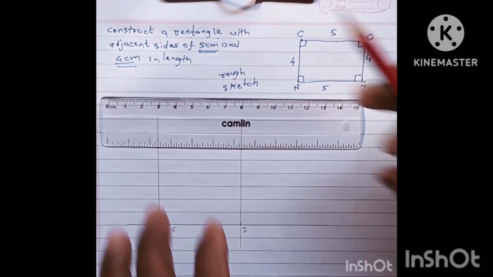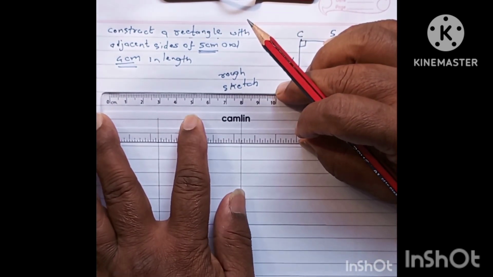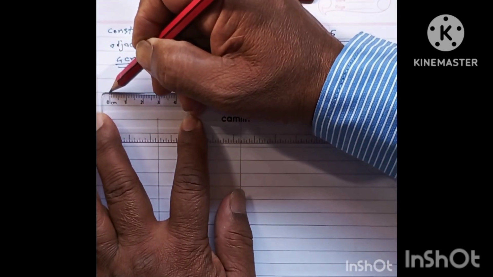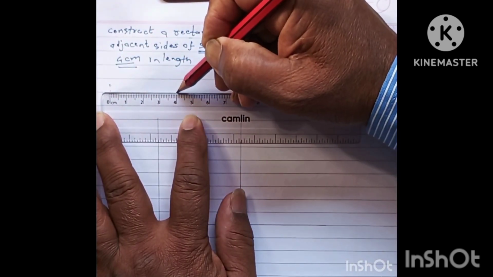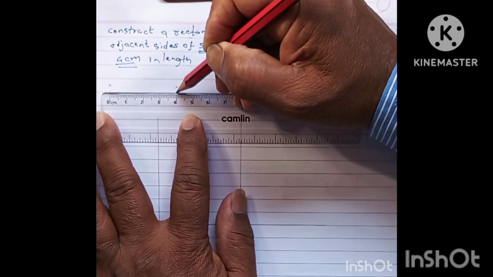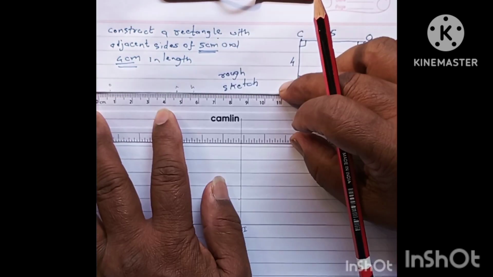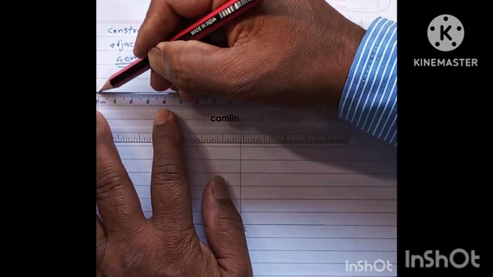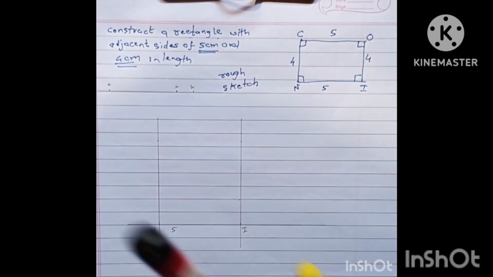Okay, so mark this 4 and 5. See, mark 0 first, and then 4 and 5. Actually, you don't want 5, but you still mark it because there are some calculations left on that 5. Okay, we will see.